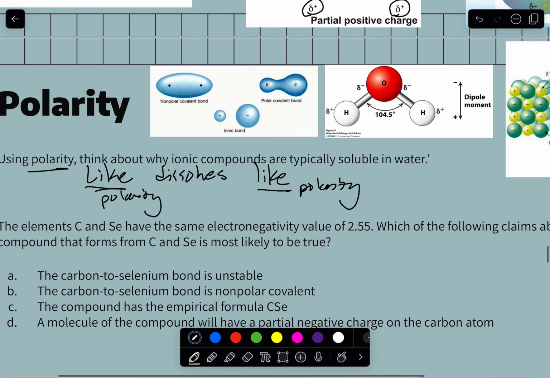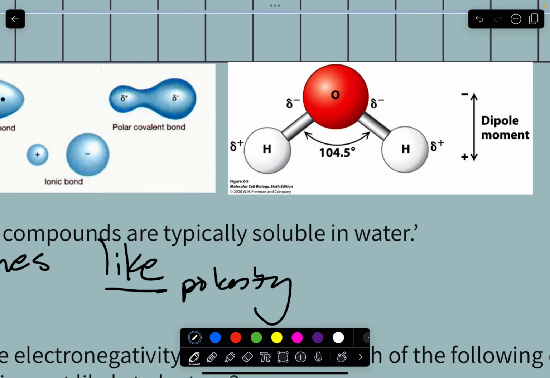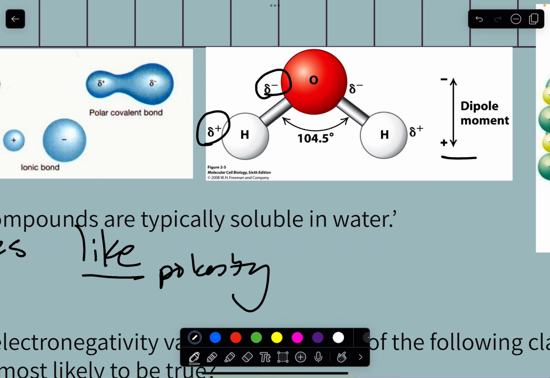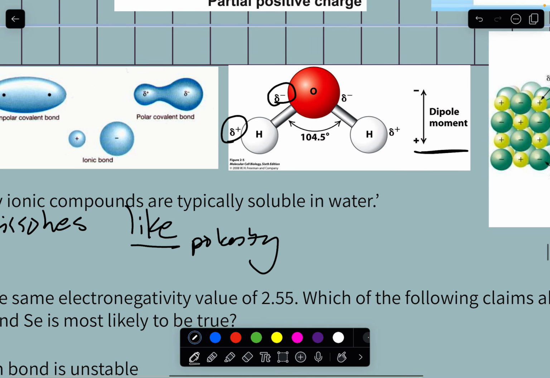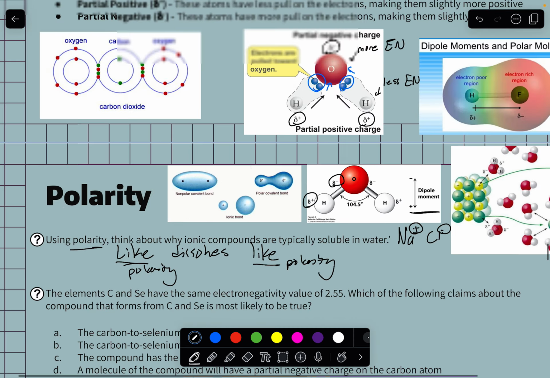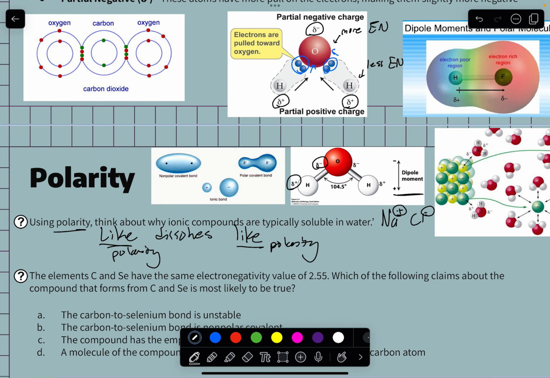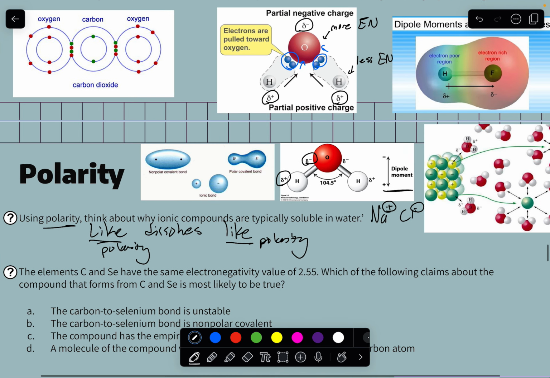So water, we have that here. It has some partial positives and negatives. It has a dipole moment, right? It has the hydrogen bonding, so it has a distribution of the electrons. Ionic compounds like NaCl have charges, right? And so since they both have either partial charges or full charges, they can dissolve in each other. And since they're both polar, right, the polar compound, it can dissolve in each other.